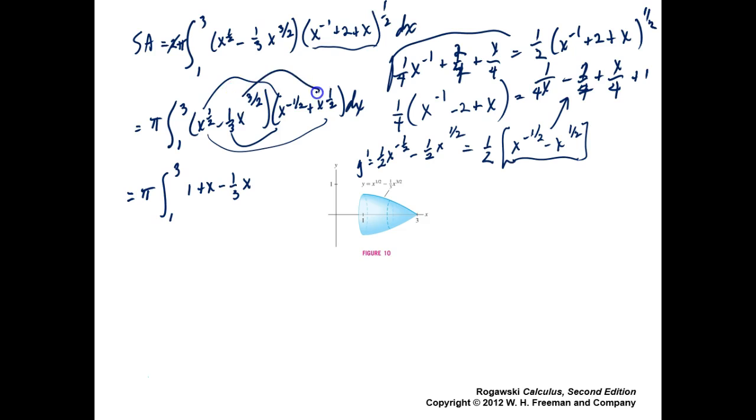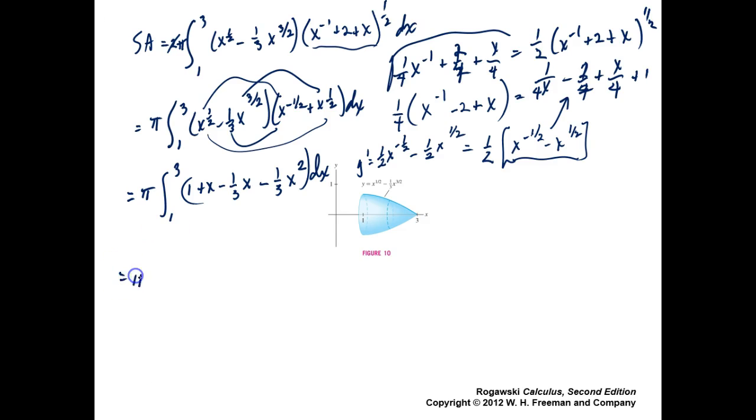And then finally, the last term gives us another minus and another 1/3, and x squared. Okay, and all that's going to be dx'd.